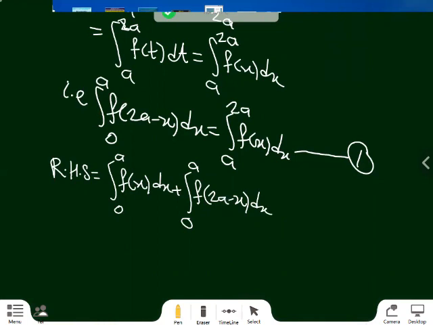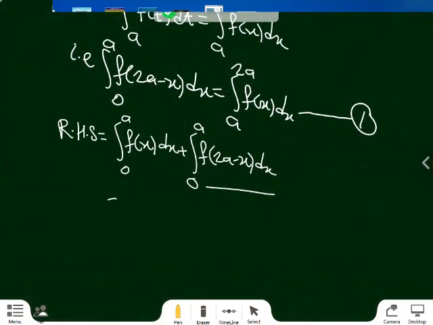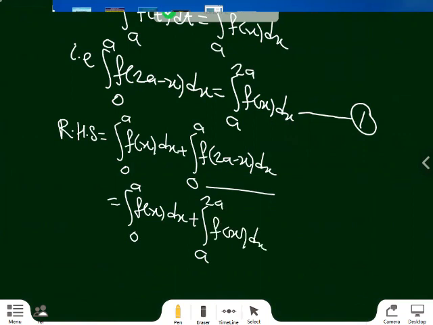Now putting the value of this second integral from equation 1, the RHS becomes integration from 0 to a f of x dx plus a to 2a f of x dx.